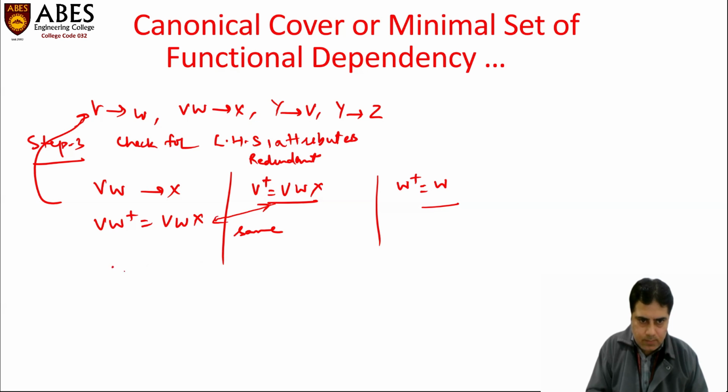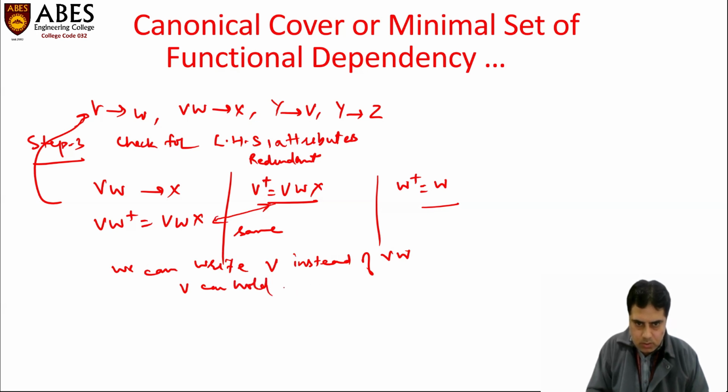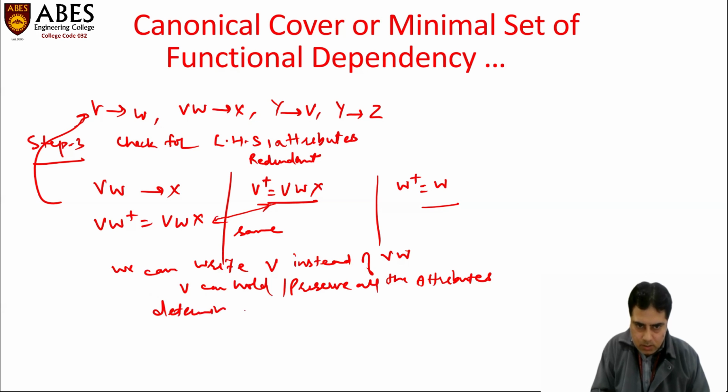So we can write V instead of VW, because V can hold, or preserve, all the attributes determined by VW.